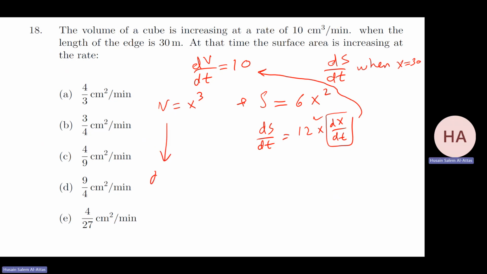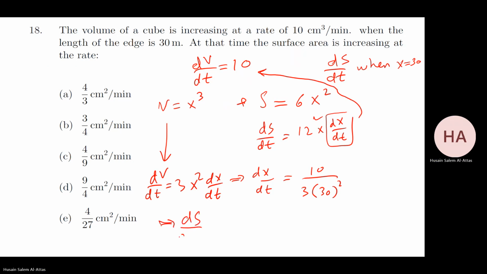So I have dv by dt is 3x squared dx by dt. So that means dx by dt will equal dv by dt, which is 10, over 3x squared. I plug the numbers here. So ds by dt will be 12 times 30 times 10 over 3 times 30 squared.